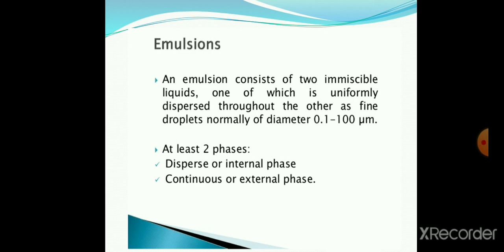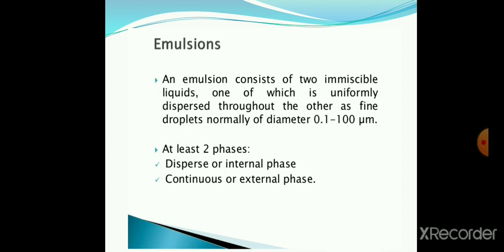We can take a simple example, an organic solvent and water. If we mix chloroform, an organic solvent, and water, an aqueous solvent, there is no mixing of the two liquids, that is, there is a formation of two immiscible liquids, one of which is uniformly dispersed throughout the other as fine droplets, normally of diameter 0.1 to 100 micrometer.